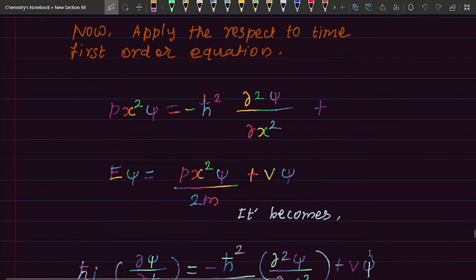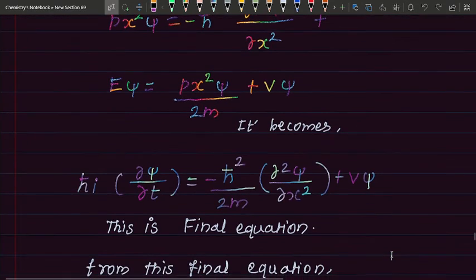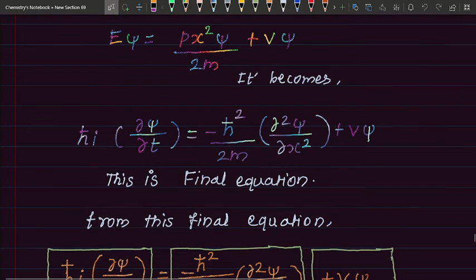If we substitute both equations, it becomes ħ i ∂ψ/∂t = minus ħ²/2m ∂²ψ/∂x² + Vψ.